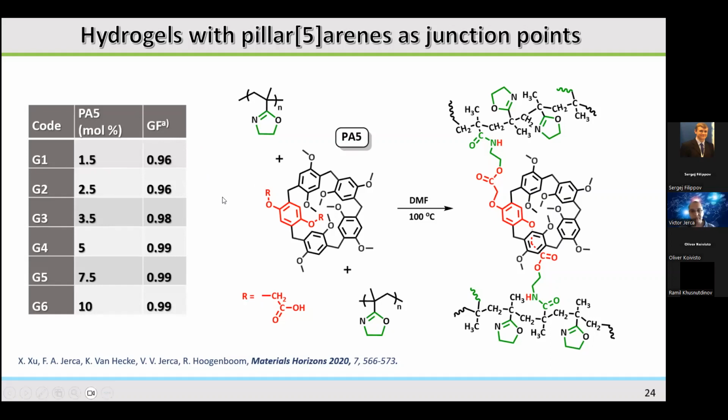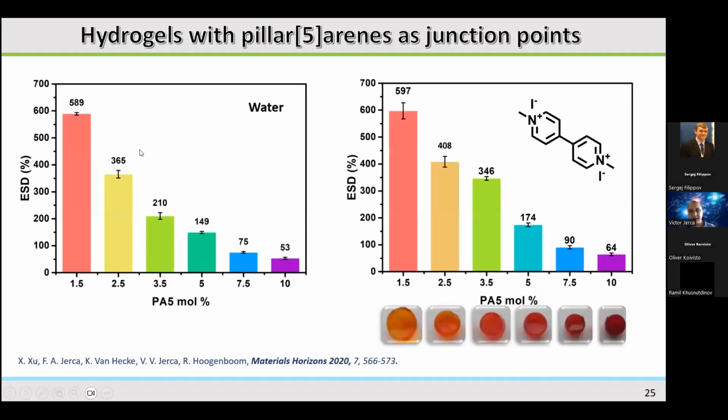As you can see here, depending on the amount of the crosslinker used, we can obtain different hydrogels, and here you have the swelling behavior of these hydrogels. As expected, once you increase the amount of the crosslinker, the swelling degree of the hydrogel decreases.